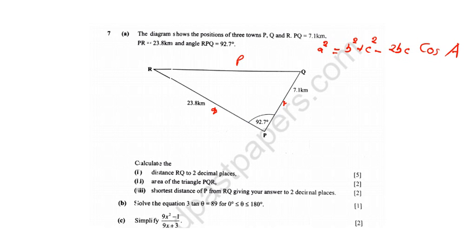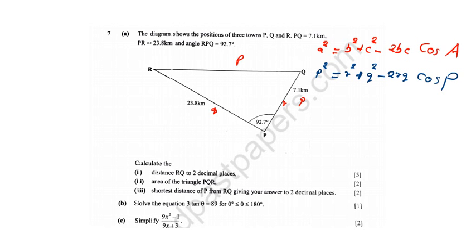So I'm starting with P squared is equal to R squared plus Q squared minus 2RQ cos P. That is the one I started with, which has the angle, so cos P. So now it's a matter of substituting. P squared is the one which I'm looking for.